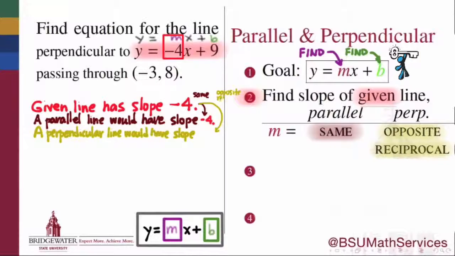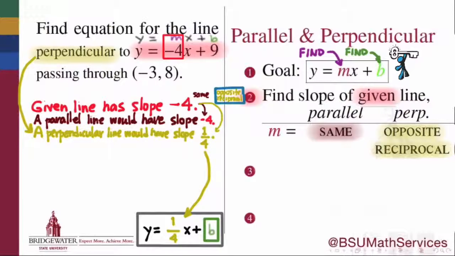If our original slope was negative 4, then we wish to first take the opposite of that, which means changing its sign from negative to positive, but then also the reciprocal, flipping its fraction upside down to get 1 over 4. So because our original equation had a slope negative 4, a line which is perpendicular to it would have a slope of positive 1 over 4. Since in our example we're being asked for a line perpendicular to the original, 1/4 is the slope that we will use in our final answer.